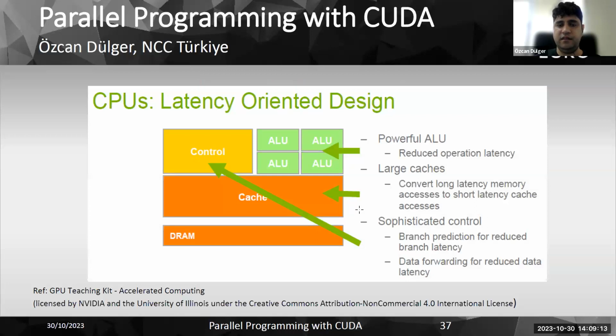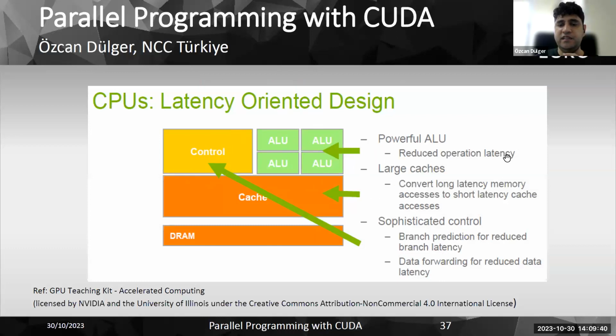And let's look quickly at the properties of the CPUs. As I said before, there is a sophisticated control unit. That means there is branch prediction for reduced branch latency, data forwarding for reduced data latency, and powerful arithmetic logic units.